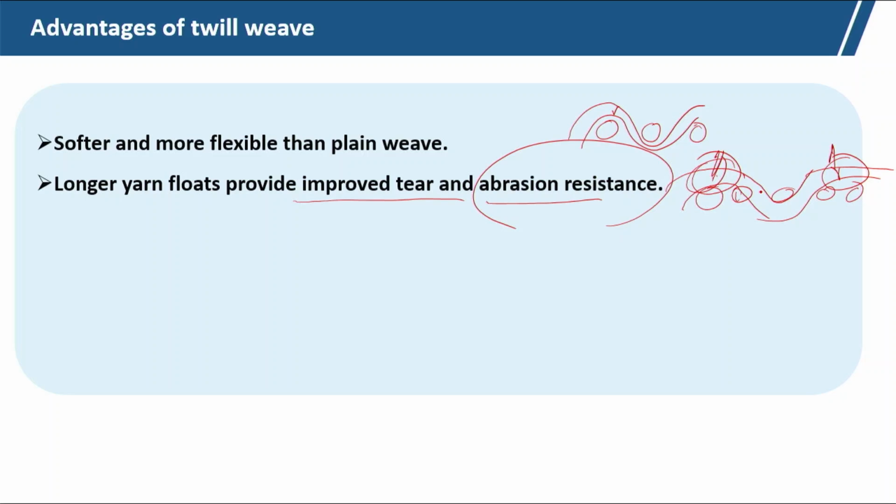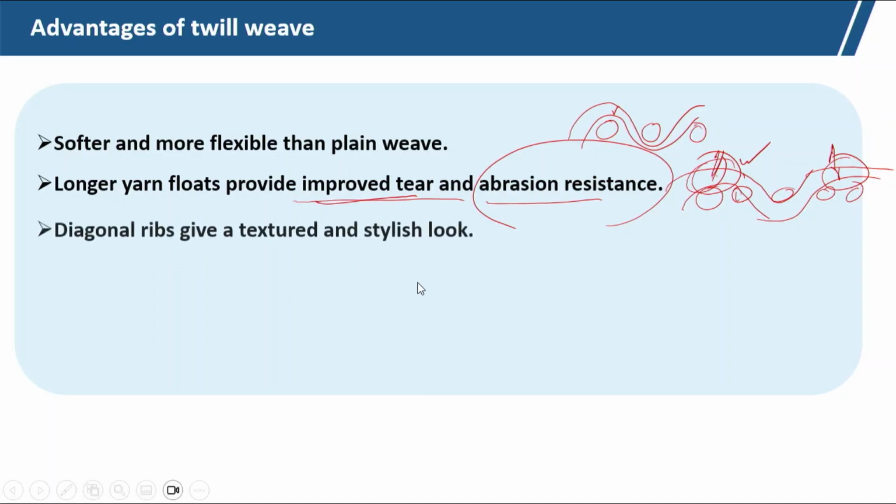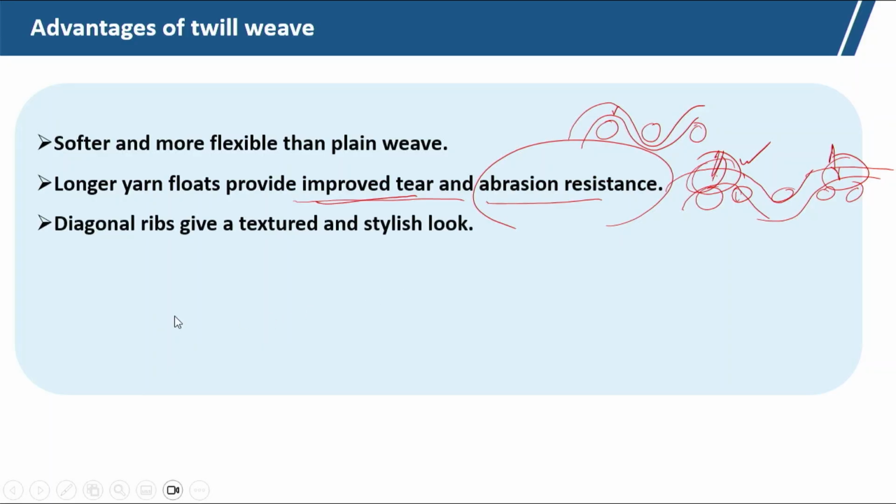and here in twill weave, due to the loose structure, the yarn may move. During tearing, the yarn movement will be there, which will improve the tear strength, because yarn clustering will take place, grouping will take place, and this diagonal rib, diagonal line gives a textured and stylish look.